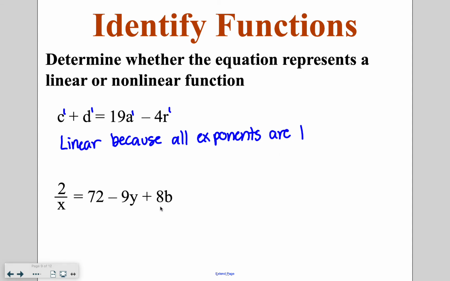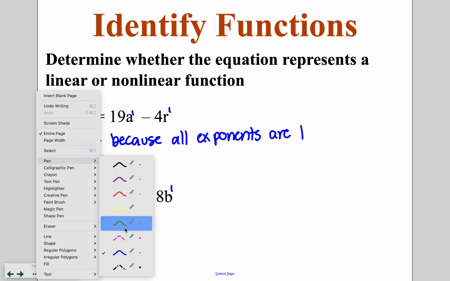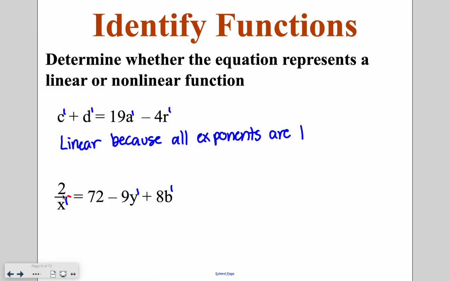When I look down at this second function, this is one of the ones that is a little bit trickier. It looks like all of our exponents are 1. However, because there is an exponent in the denominator, what that actually means is your exponent is a negative. So this function is really saying 2x to the negative 1 is equal to 72 minus 9y to the 1 plus 8b to the 1.